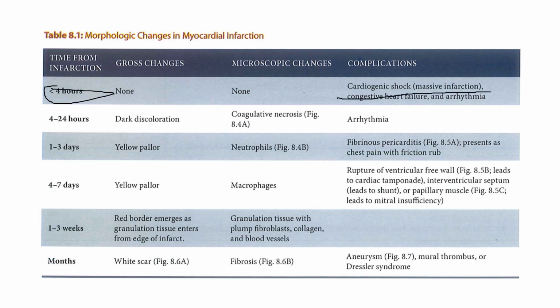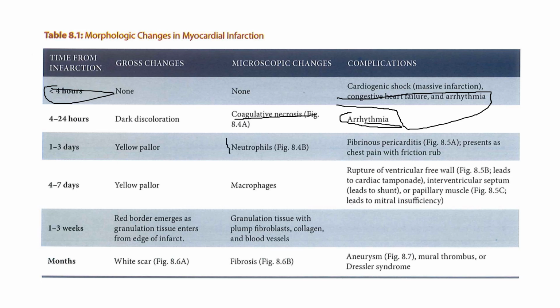These complications are very fatal and can lead to death of the individual. Now the inflammation: first we have coagulative necrosis, and the complication is arrhythmia. Then from 1 to 3 days we have the neutrophils.